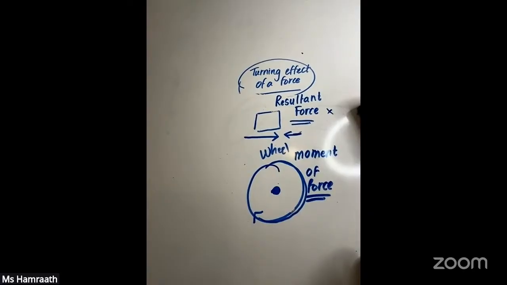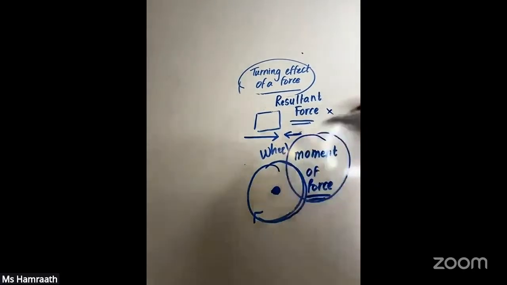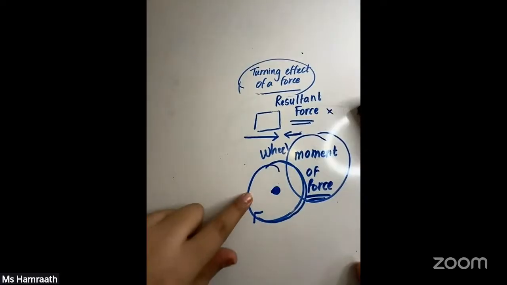In the same way, there is another type of force that you are learning, used to rotate an object at a fixed point. You call it the moment of force. So moment of force is a force that is used to rotate an object at a fixed point.